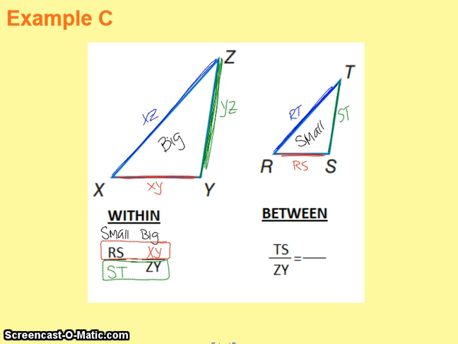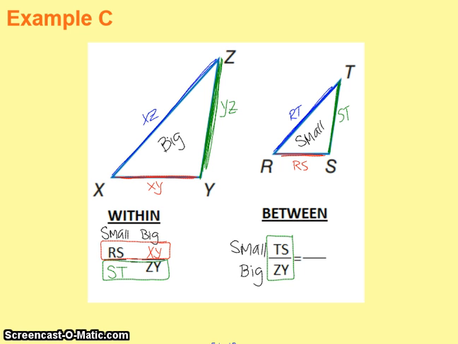I do the same thing on my between, except the only difference is that I know that my small and my big labels go on the left. So what I know is that TS corresponds to ZY because that tells me already, and I know that that's green because my TS is right here, my ZY is here, and those are both green.